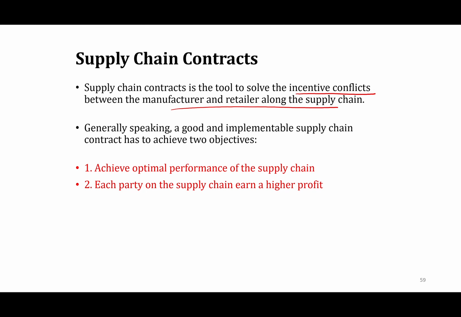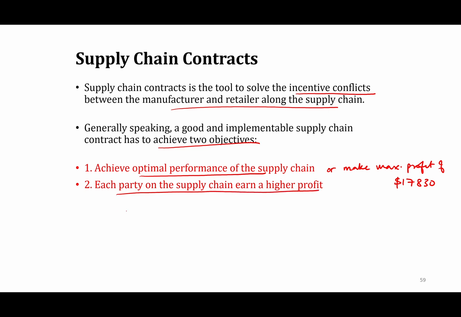So a good supply chain contract has two objectives. It should achieve the optimal performance of the supply chain, or make the maximum profit, or whatever the maximum profit in that supply chain is. And each party on the supply chain earns a higher profit. So that means that the expected profit of the manufacturer and the expected profit of the retailer should be higher than what it was before implementing this contract.